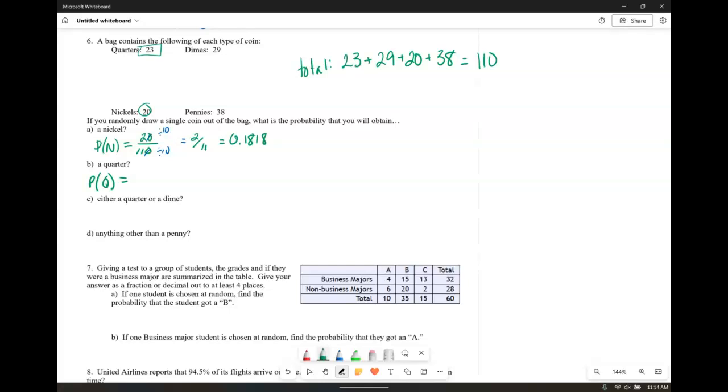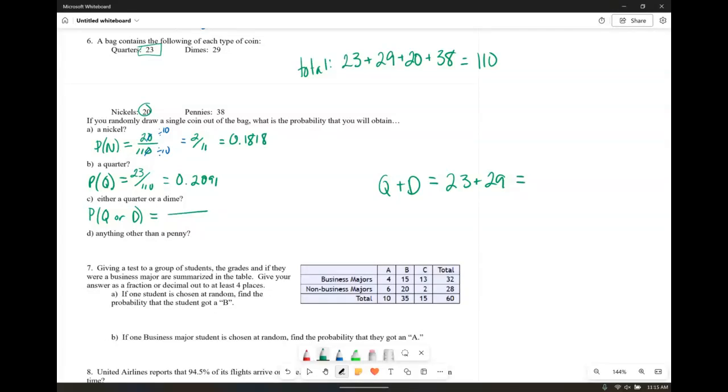All right, probability of a quarter. So I've got 23 quarters out of 110. That fraction does not reduce. So I can leave it as that, or I can put in the decimal. Okay, probability of a quarter or a dime. Okay, so quarters plus dimes are 23 plus 29.